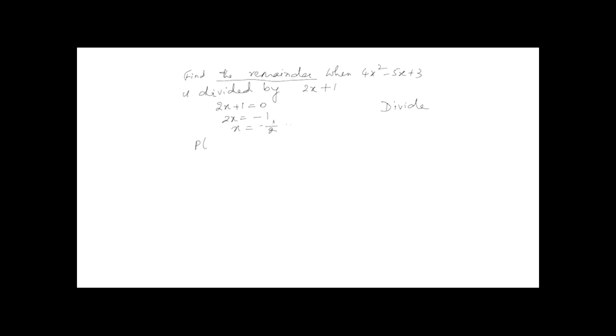P of x is 4x squared minus 5x plus 3. So find P of minus 1 by 2. Wherever x is there, put minus 1 by 2. 4 into minus 1 by 2 whole squared minus 5 into minus 1 by 2 plus 3. How much is that?